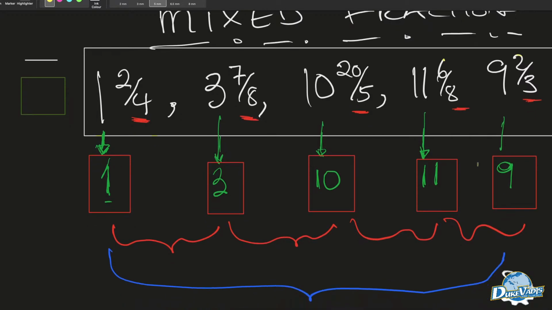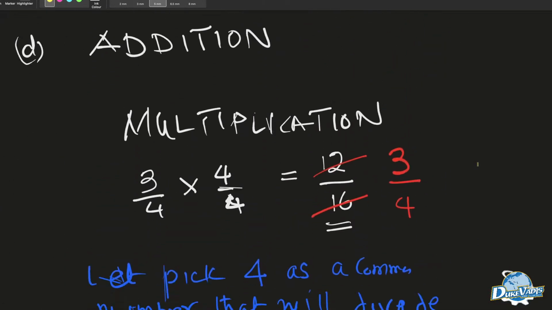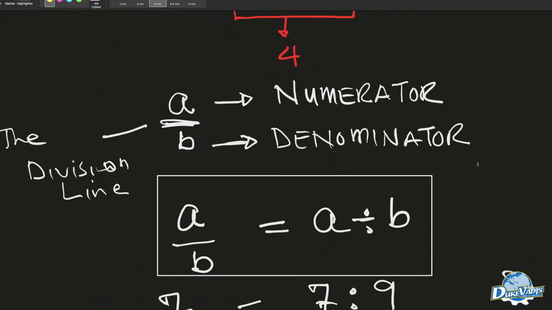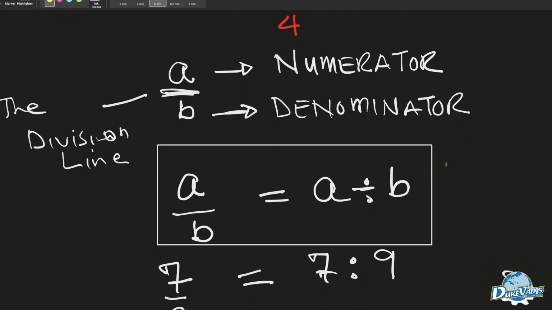So we have seen the fraction. We've seen that A is called the numerator and B is the denominator, and the line between A and B is called the division line. So as we got here, we realize that this is the definition of a fraction. A over B can also be written with the traditional division sign, with a dot on top and a dot below, and B is the same as division as we've learned earlier.